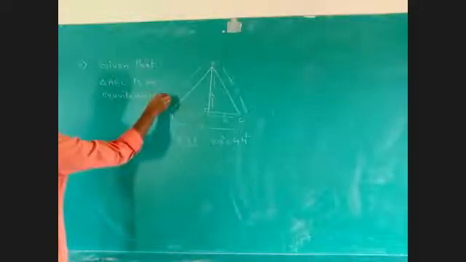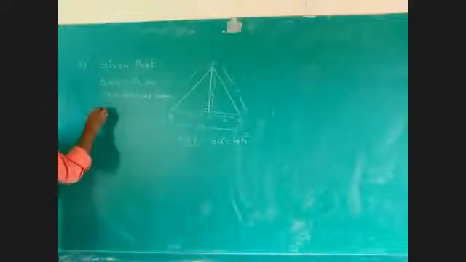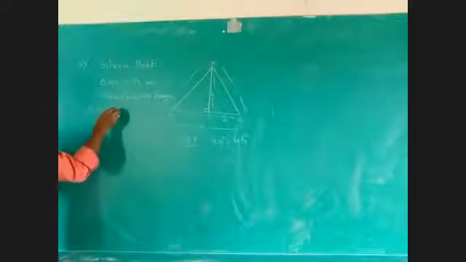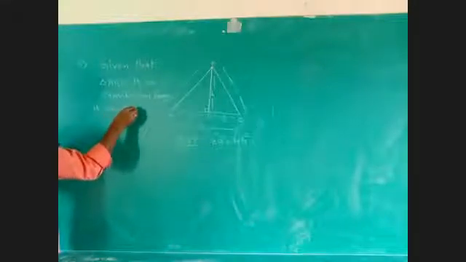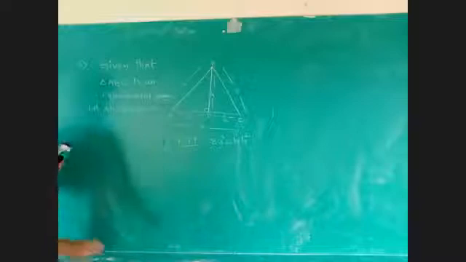Let us consider the three sides AB equal to BC equal to CA equal to A units.